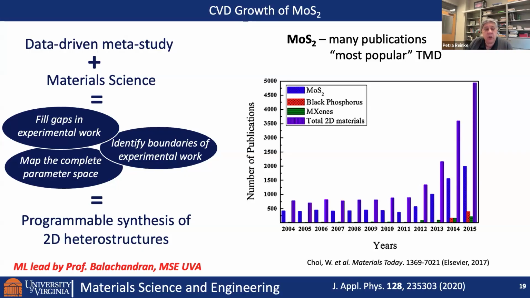Our main challenge was the question of data scarcity. And we looked at molybdenum disulfide, growth of molybdenum disulfide, because that has been studied most. And there's the richest, still not enough, but the richest repository of literature data available.